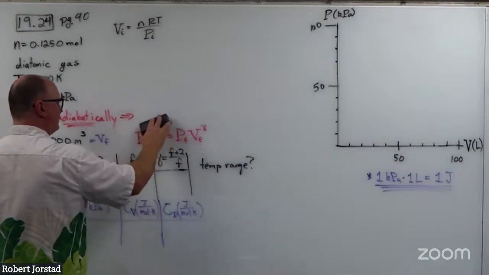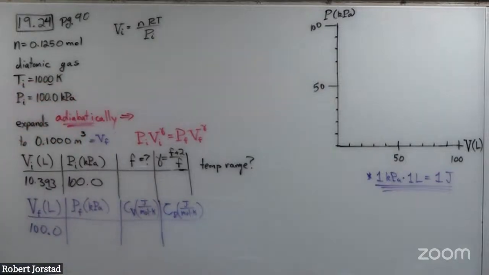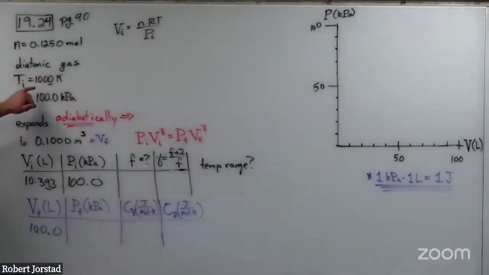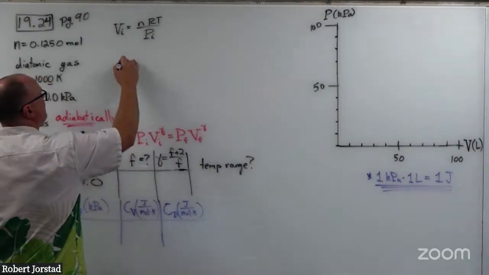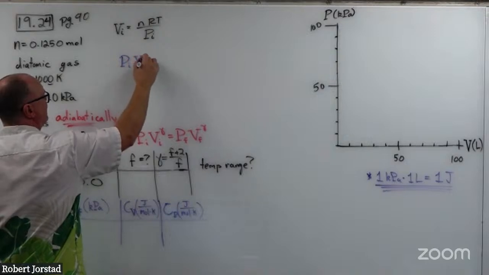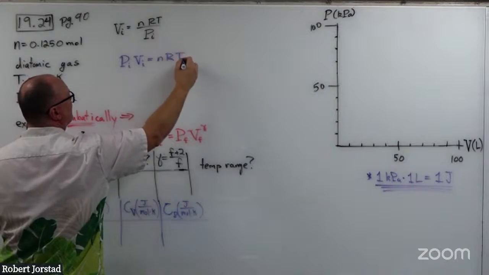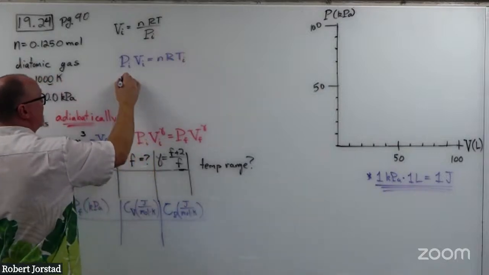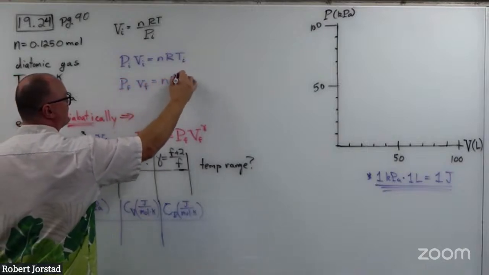So what do we do here? Well, I'm going to take a guess and check because I don't know the temperature range, but I do know it's 1,000 Kelvin. And what's going to happen to the temperature, right? I know that P initial V initial equals nRT initial, or I could take P final V final equals nRT final.